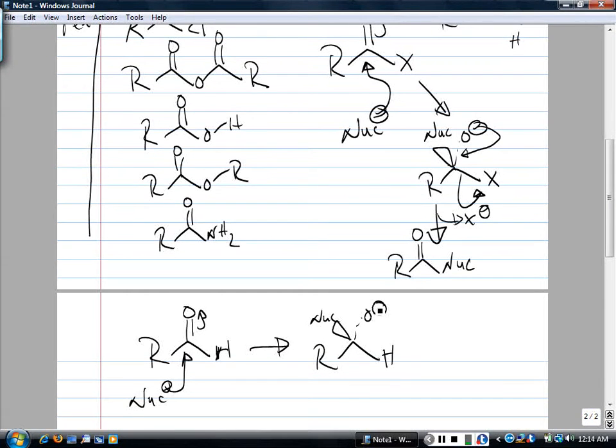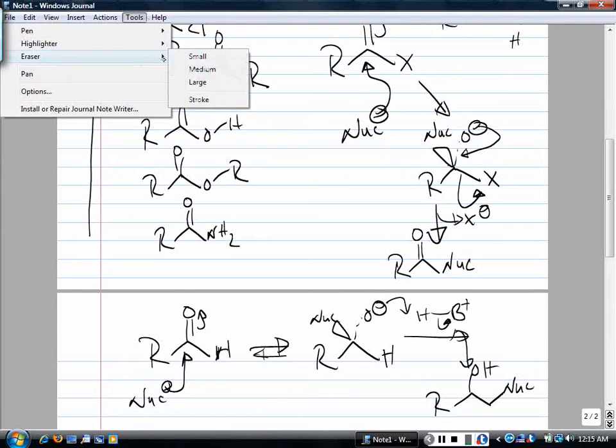Now I can always go backwards, I can have this come in and kick back out the nucleophile, but in terms of forward progress, all that can happen next is that species would pick up a proton from some appropriate source and generate your product, which is simply the substituted carbonyl. What I would have done in essence is add H and nucleophile across the carbonyl bond. I'm sorry, this is the wrong species. I would have added H and nucleophile across the carbonyl.